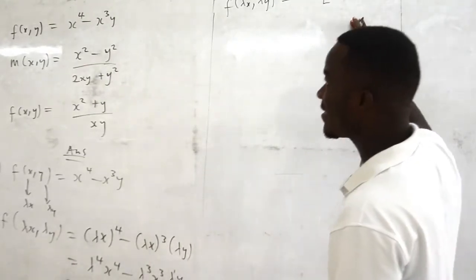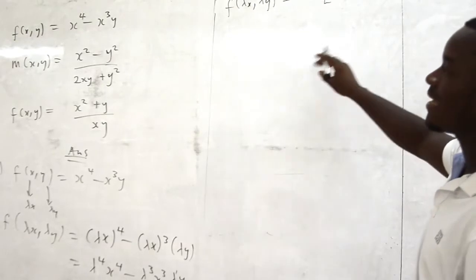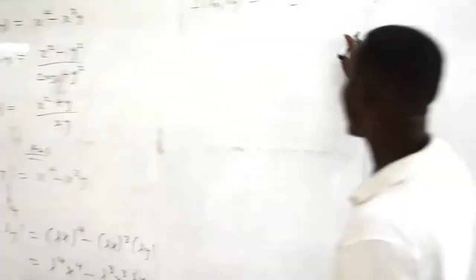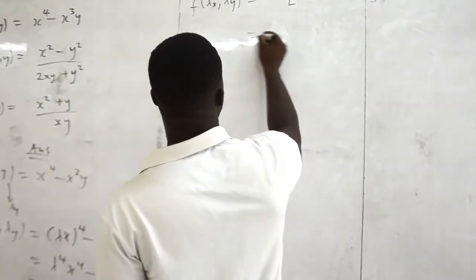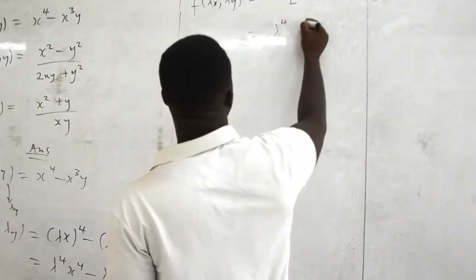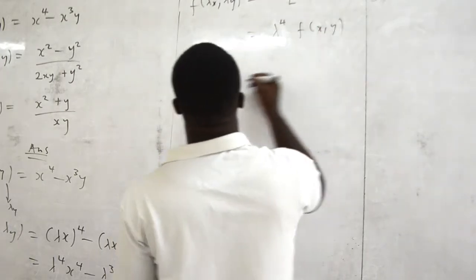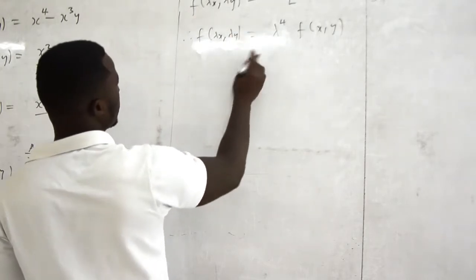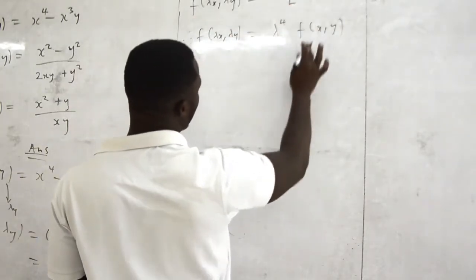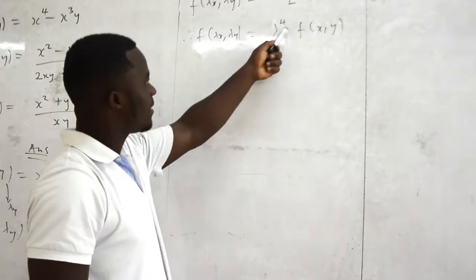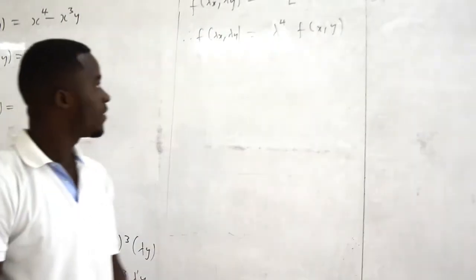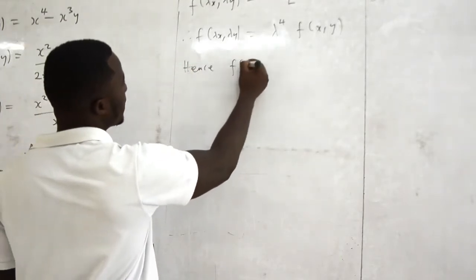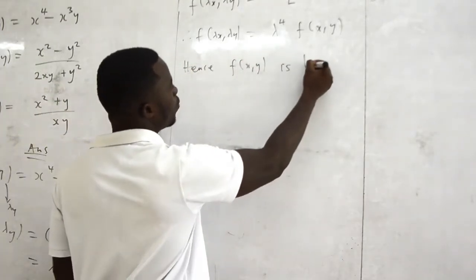But you can see from the question that f of x, y was x to the power of 4 minus x to the power of 3 y. So f of lambda x, lambda y is equal to lambda to the power of 4, f of x, y. The degree n here is 4. So we conclude that f of x, y is homogeneous.